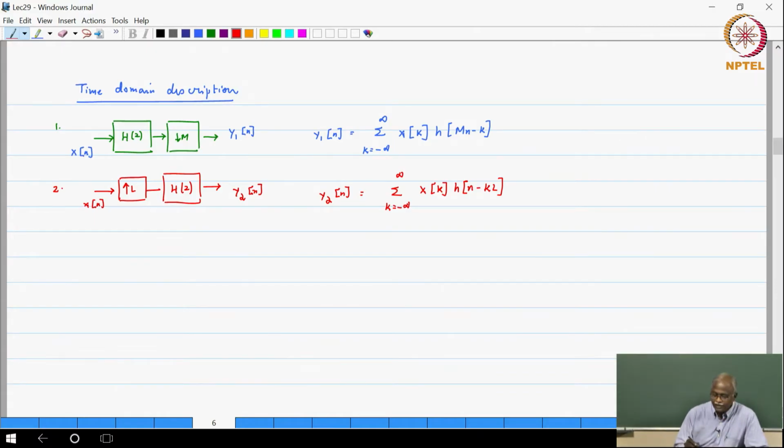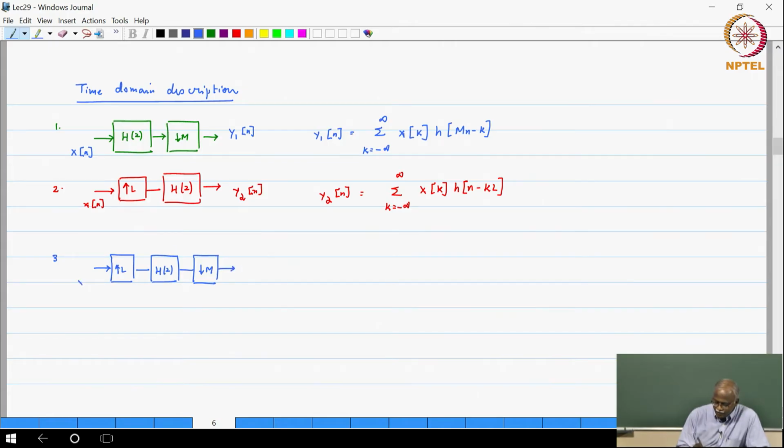And the third one, which is the combination of upsampling and downsampling, a fractional sampling rate conversion. So, if I have upsampling by a factor of L followed by filtering followed by downsampling, again the choice of the filter that is sitting in the middle depends on the values of L and M, whichever one is larger will determine the value.